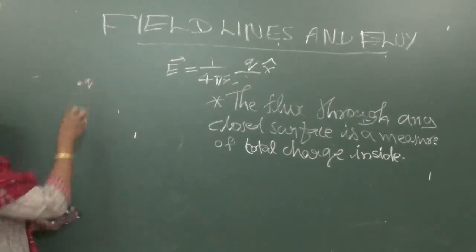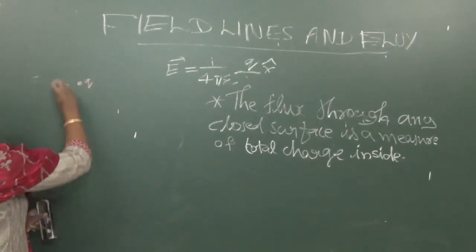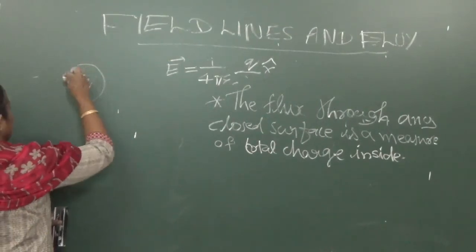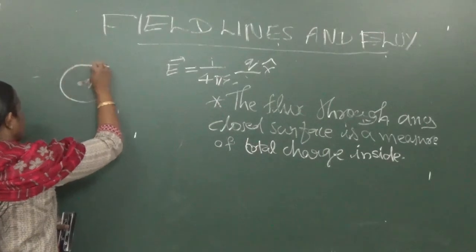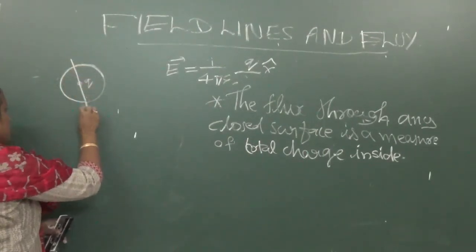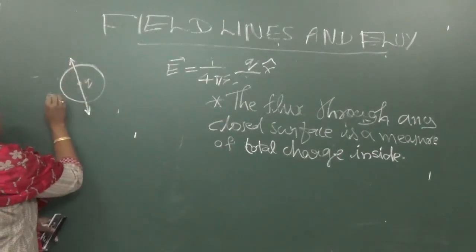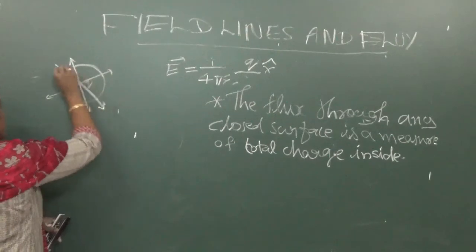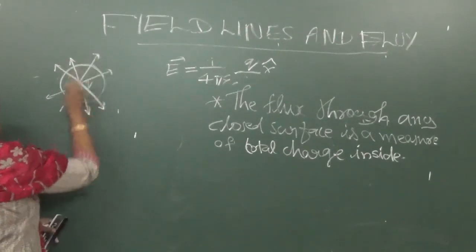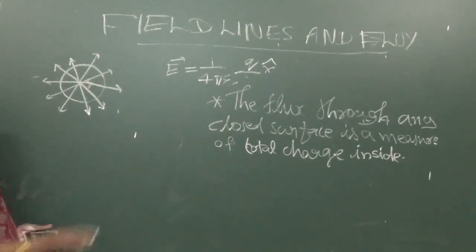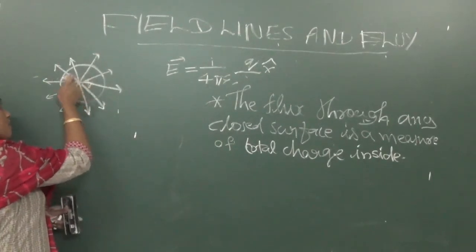First one is a positive charge, and there is a spherical surface here. Now the field lines are like this, because this charge is a positive charge and so the field lines move away from this charge.